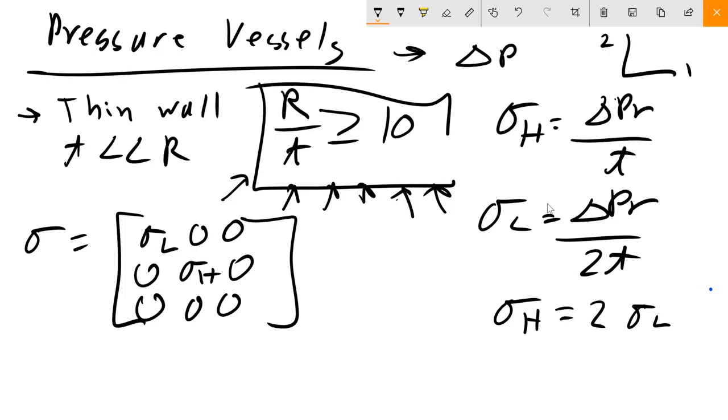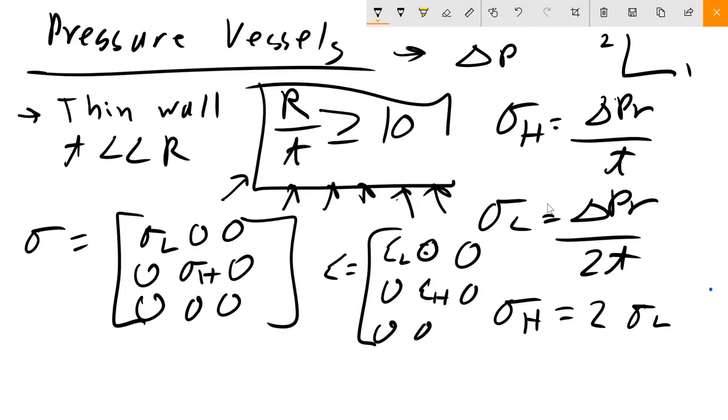Now, if I want to look at my strain tensor, primarily you're going to want to calculate strain. It's going to be epsilon L 0 0, 0 epsilon hoop 0, 0 0 0.